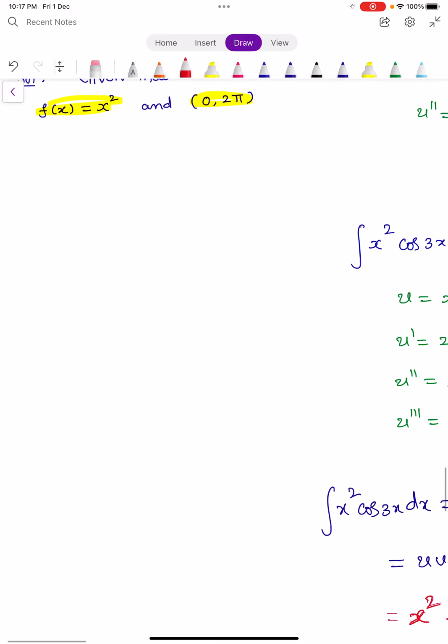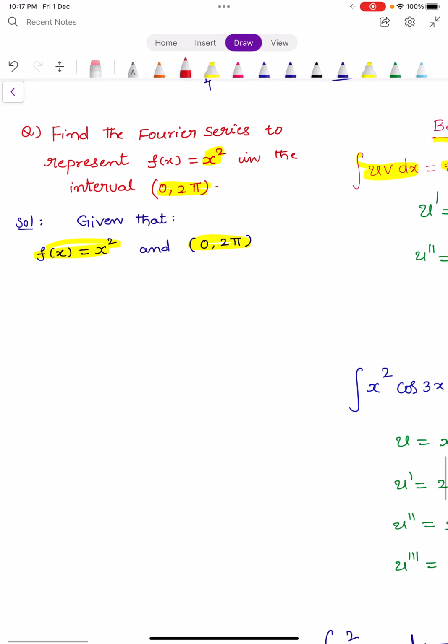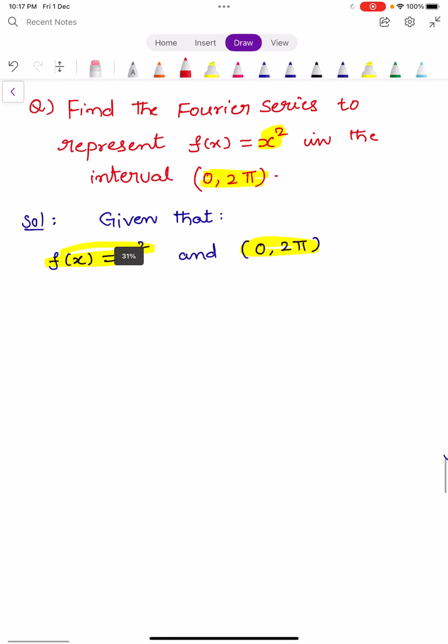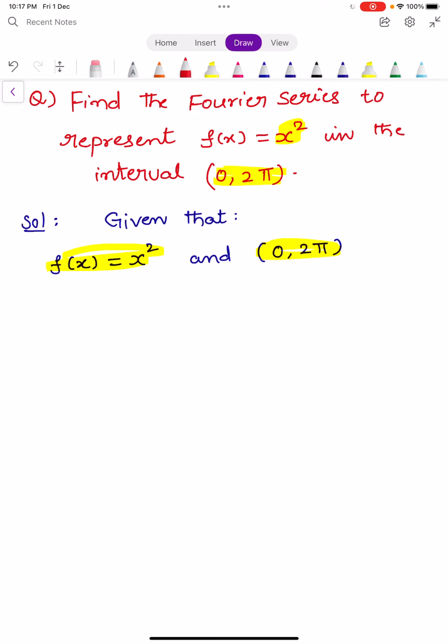So now we go for our problem. Here it is given that f of x is equals to x square and interval is 0 to 2 pi. Now we go through with the Fourier series.